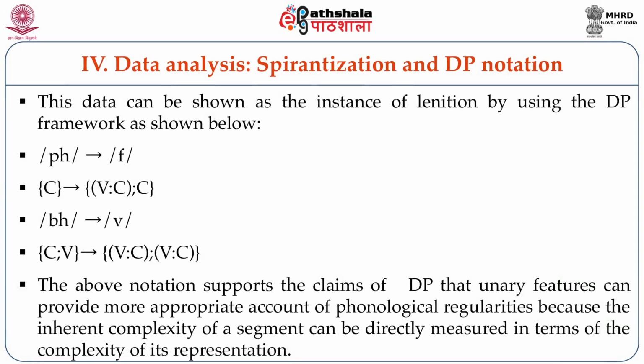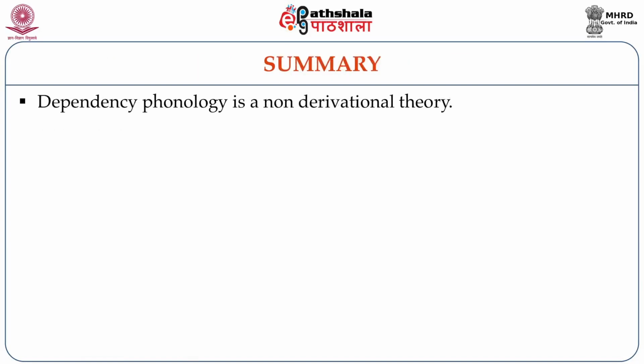So you can see the stop turns into a fricative. Here you can see the analysis in terms of C, then it's a fricative. This notation supports the claim of DP that unary features can provide a more appropriate account of phonological regularities, because the inherent complexity of a segment can be directly measured in terms of the complexity of its representation.